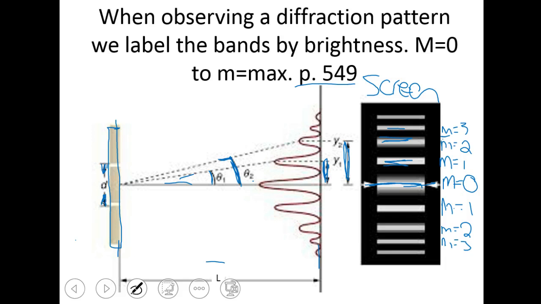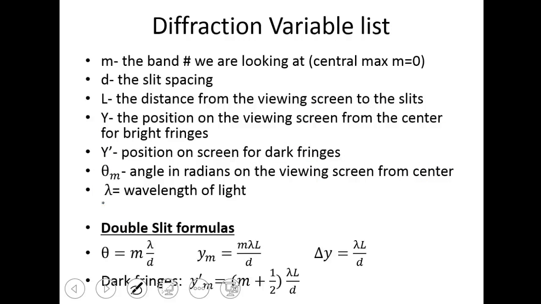And it'll usually explicitly tell you that in the problem. So here is a big long list of variables and what they mean. Basically all I'm going to do is give you a bunch of formulas and some homework problems to try. But in order to do those successfully, you need to know what all these letters and symbols mean.